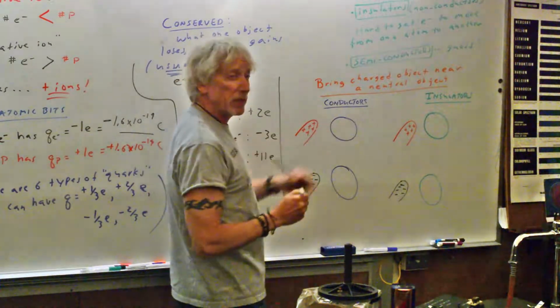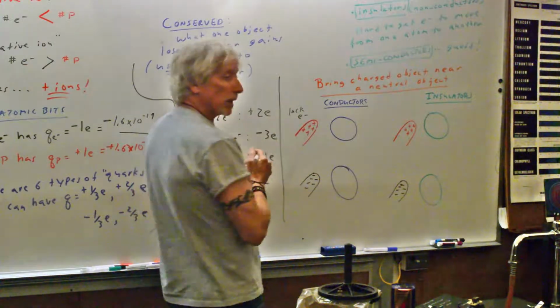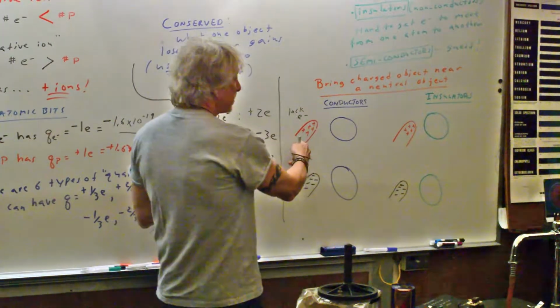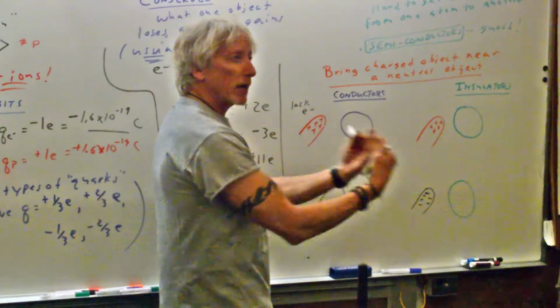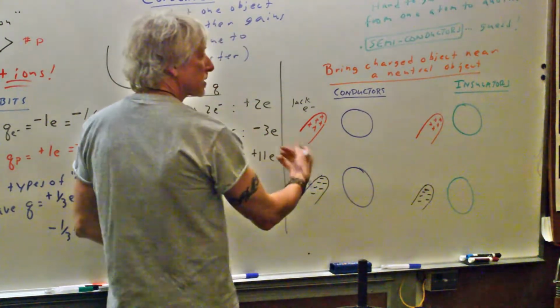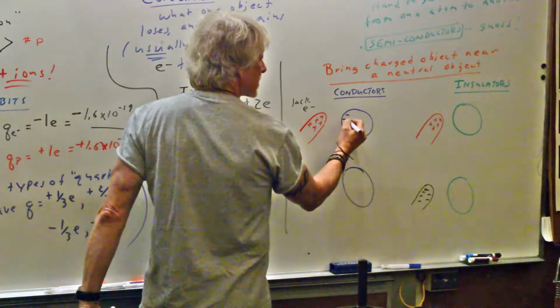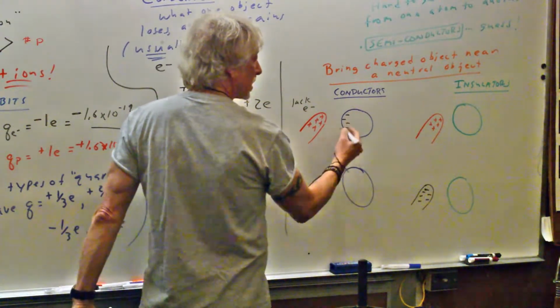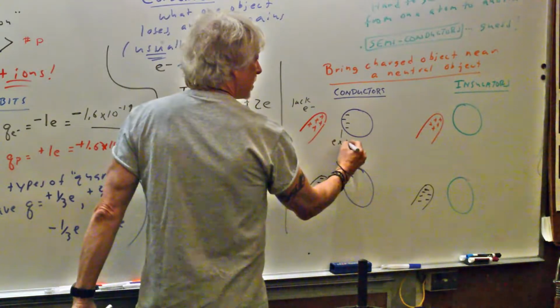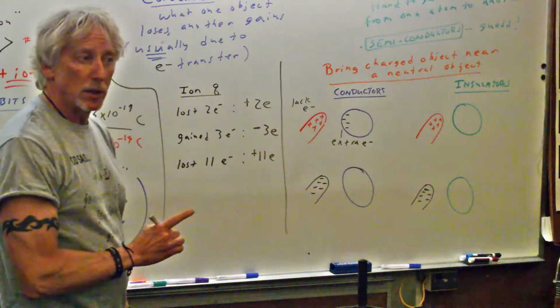And you've got some free electrons here. Lack of electrons. This is positive. Do electrons attract or are they repulsed? Are opposites attracted? Yeah, so I'm going to draw them like this, even though in reality I'm talking about extra electrons. This is an important idea.